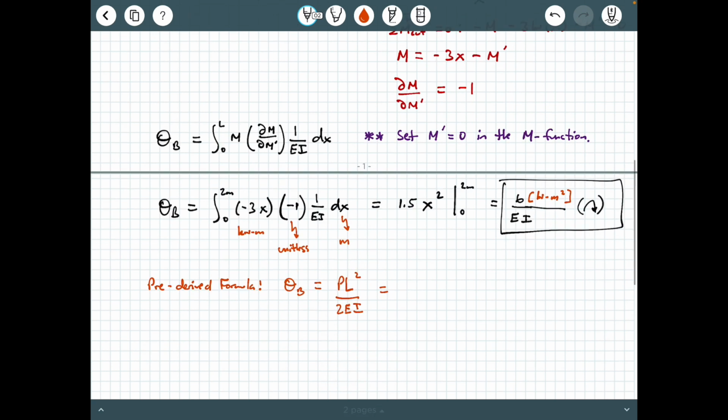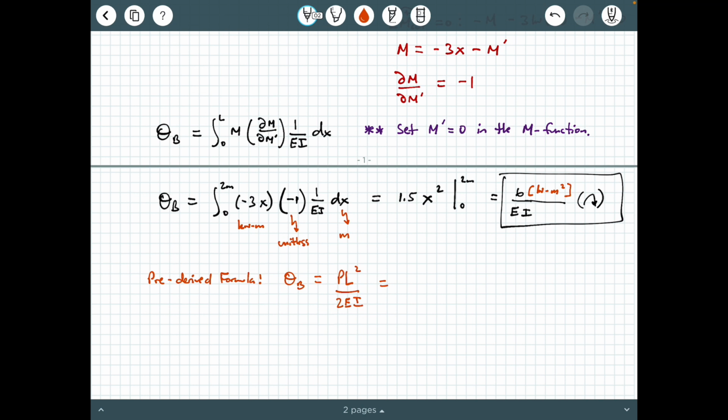This is from any kind of pre-derived formula from a textbook. And so this would be 3 kilonewtons times 2 meters squared over 2EI. And so, of course, we end up with 6 kilonewton meters squared over EI, and that would be rotating clockwise.